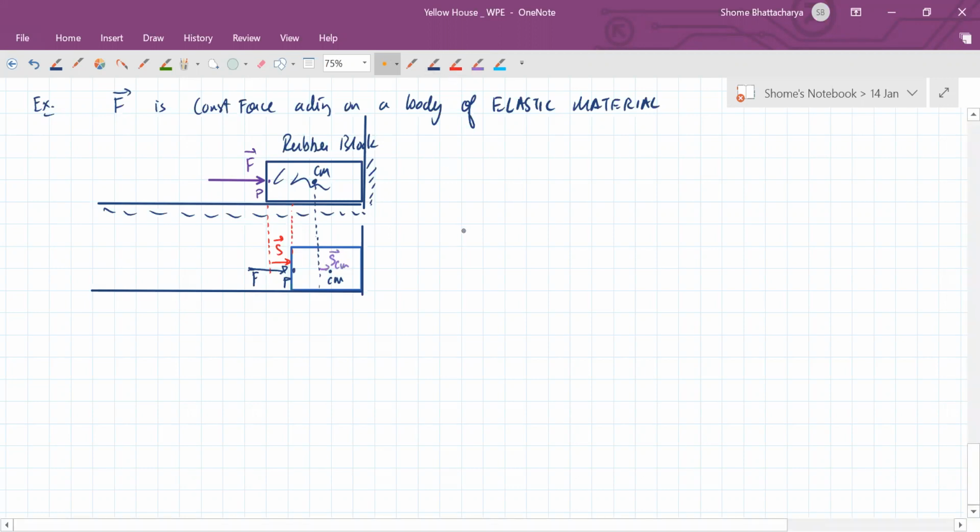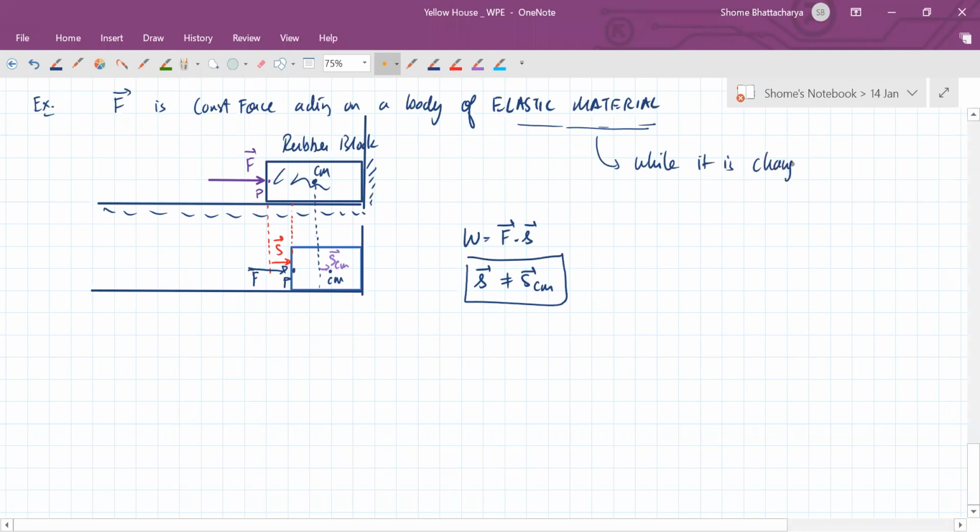So you can see that again S is not the same thing as the displacement of the center of mass, because in this case we are dealing with an elastic material which is changing shape. So because that is happening, this is the case.